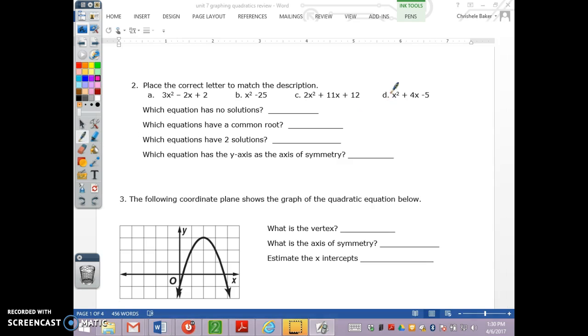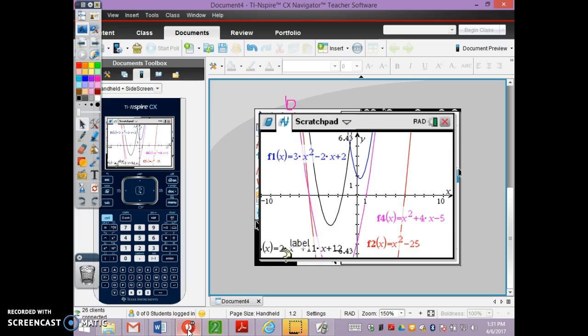No solution. That was this one. That was D. Common root. Oh, now I forget. Let me go back. The red one and the pink one. Oh, no. It was this blue one that didn't have any solutions. The 3x squared one.